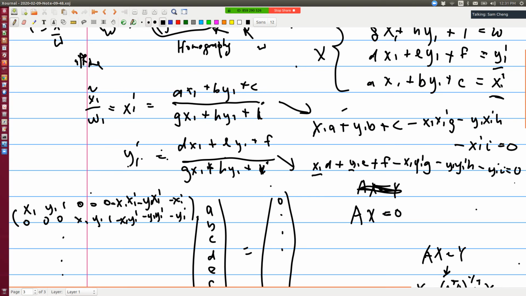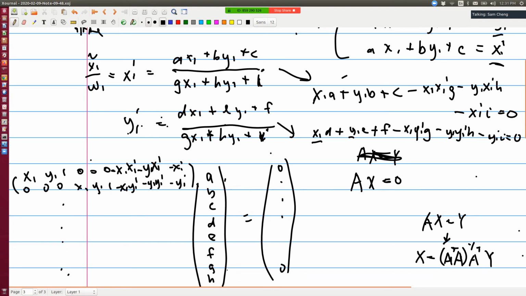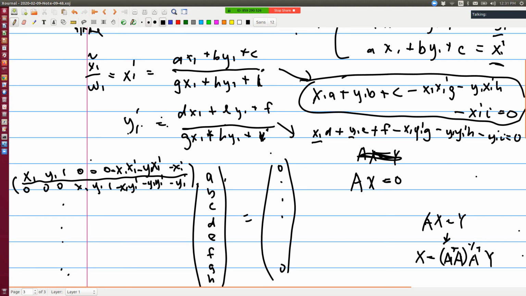Now I can write it in matrix form: x1, y1, 1, 0, 0, 0, 0, this guy here, multiplied by a, b, c, d, e, f, g, h, i. This multiplied by this corresponds to this equation, right? So is everyone okay with that?